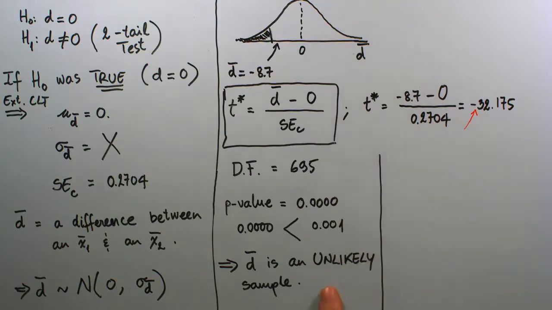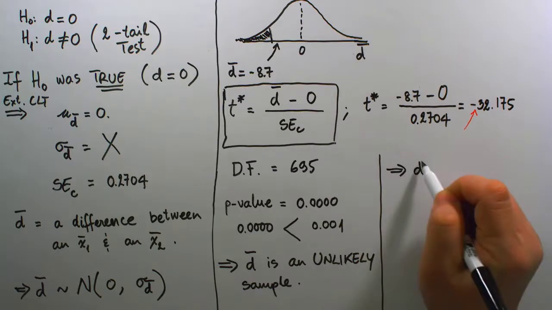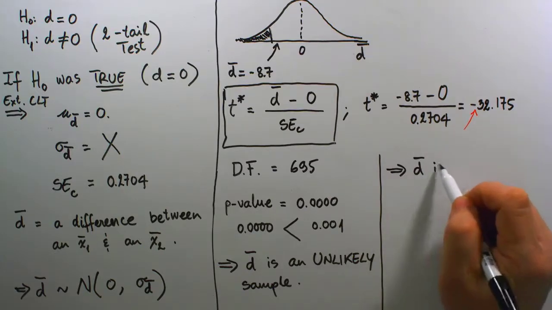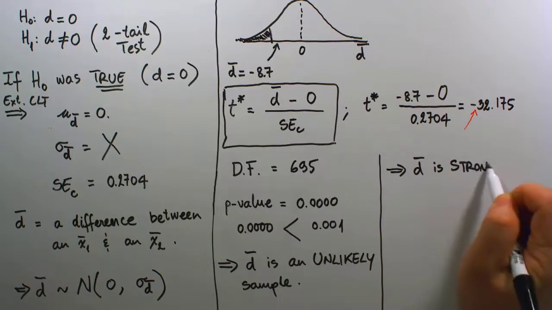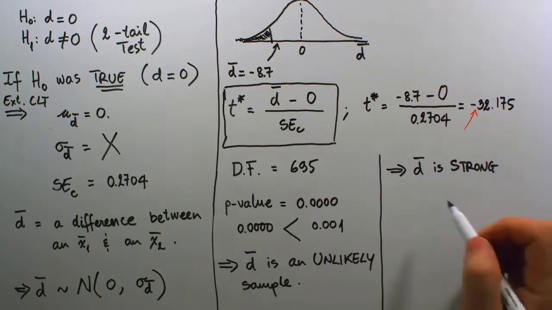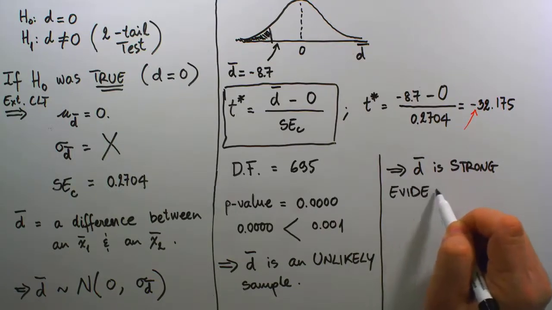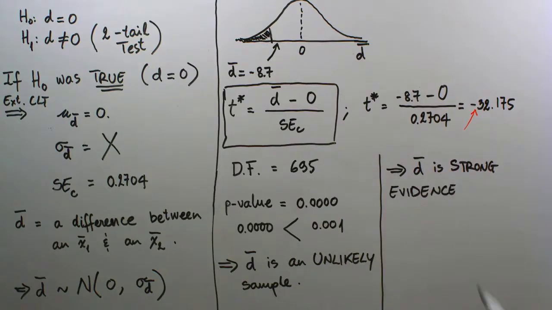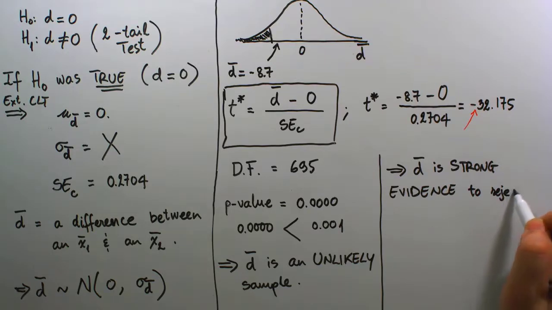Being an unlikely sample makes our D bar here strong evidence. And now I can say D bar is strong evidence. And now, having strong evidence here, the first thing we can do is use that strong evidence to reject H sub 0.